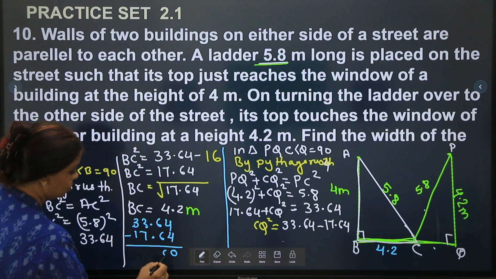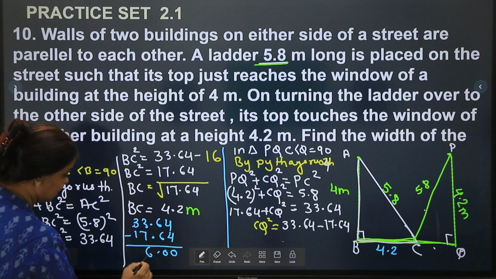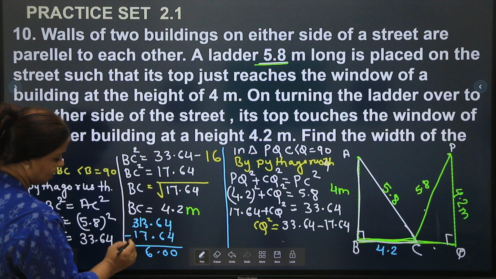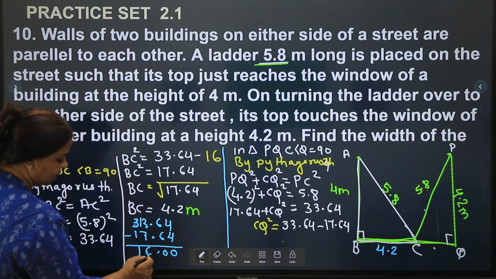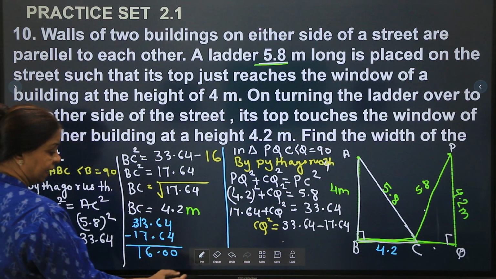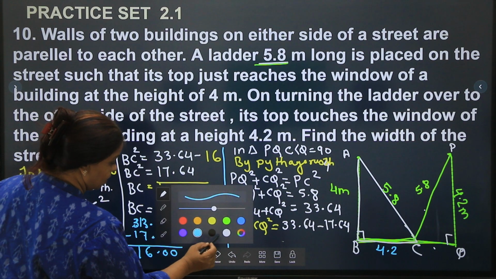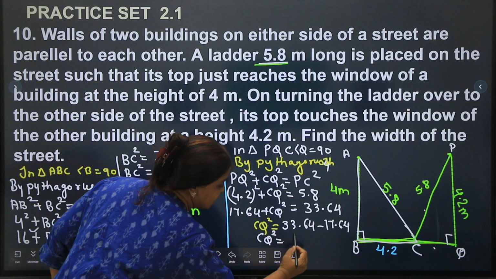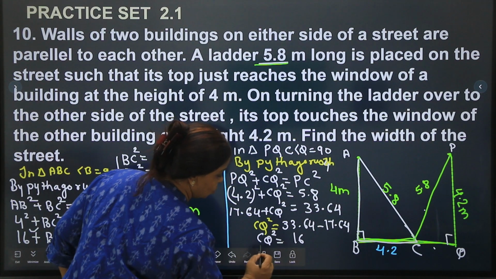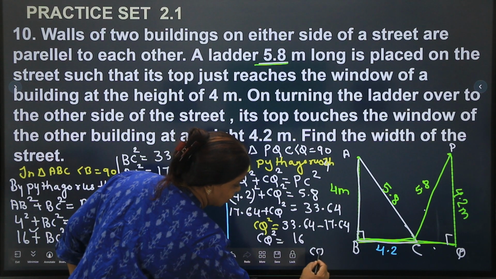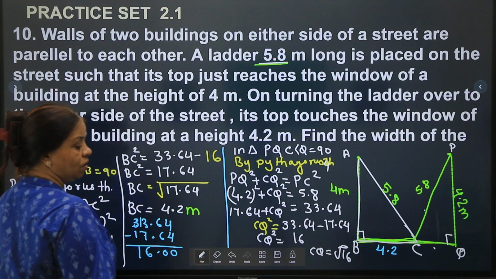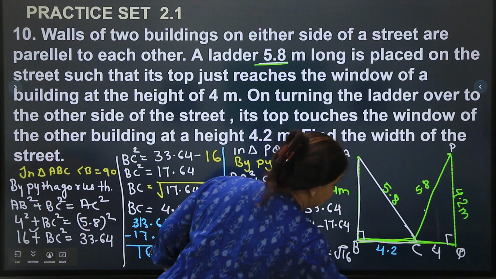Subtraction will give me 16.00. From here I will take 1, 13 minus 7 will be 6, 2 minus 1 will be 1. So I am getting CQ square is equal to 16. So when I take the square root, CQ is equal to under root 16, and the square root of 16 is 4. So we will get this as 4.